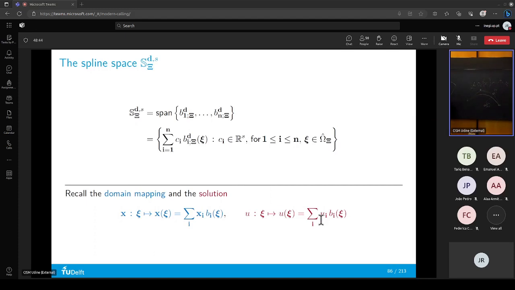So simply said, the u_i have no direct use. We cannot say, I take u_i and then I know my solution value. No, I always have to evaluate this sum here, in the point xi where I want to get my real solution value.